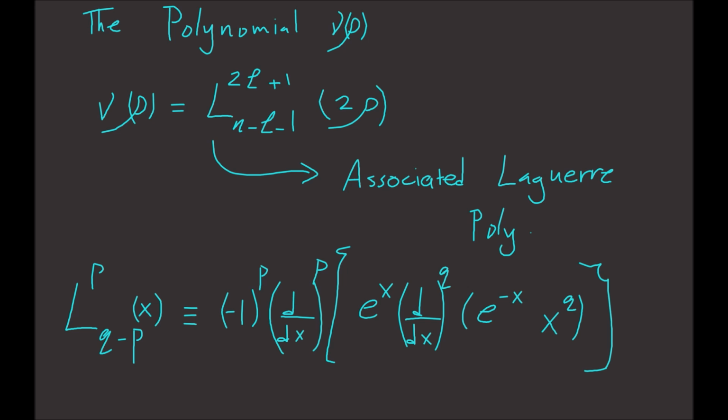So here you have to take two derivatives. The first one is the q derivative of this quantity, and after that you take a p derivative of the whole thing. So these are the associated Laguerre polynomials, and these give the solutions for our functions nu of rho.